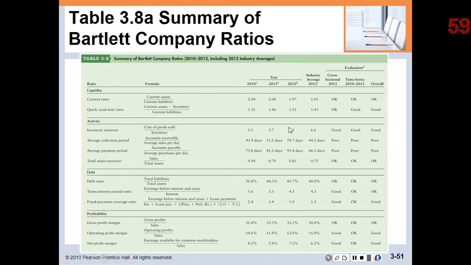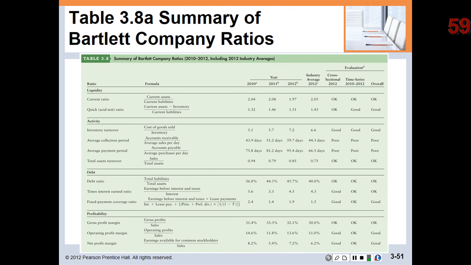Now, what you see here, and this is in your book, this is a couple of different slides, on pages 88 and 89. These are all of the ratios that we just looked at.